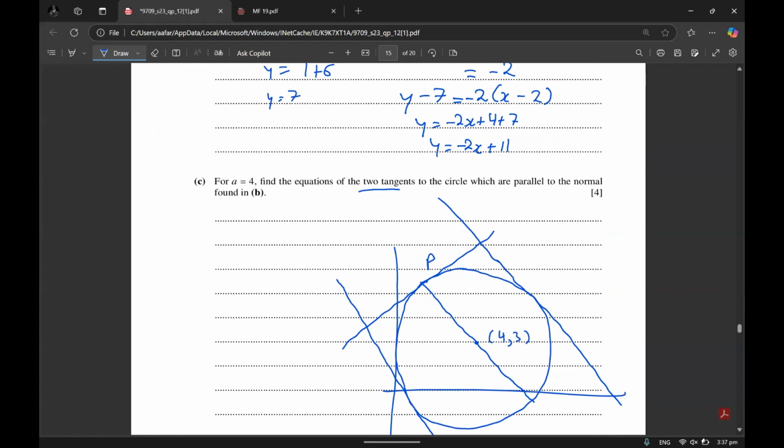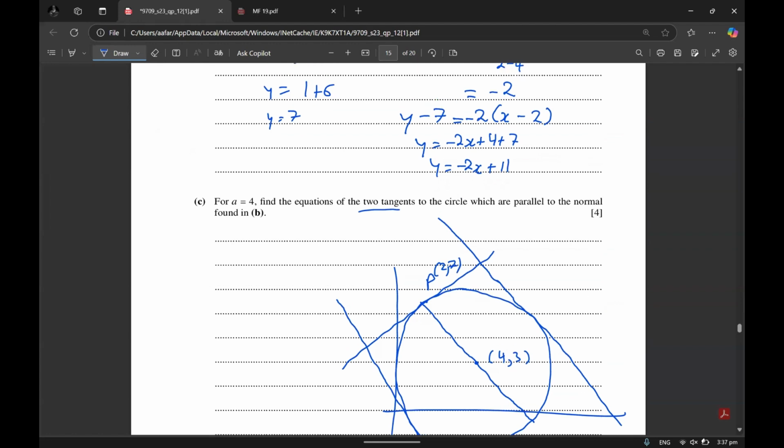So since this is the point P, this will be 90 degrees to that side, right? And this line will form a 90-degree angle with this tangent from the center of the circle. So the distance from here to here is going to be the same as the distance from here to here, since it's the radius.